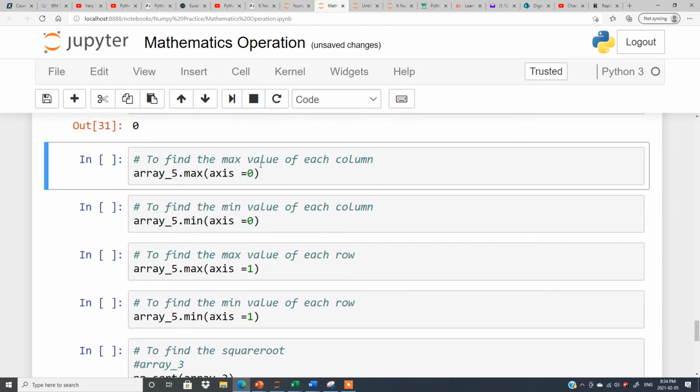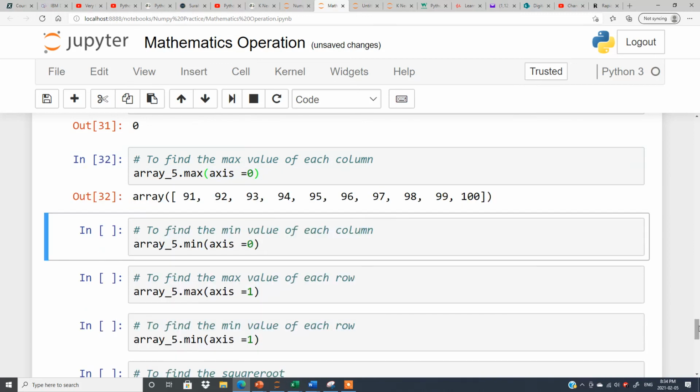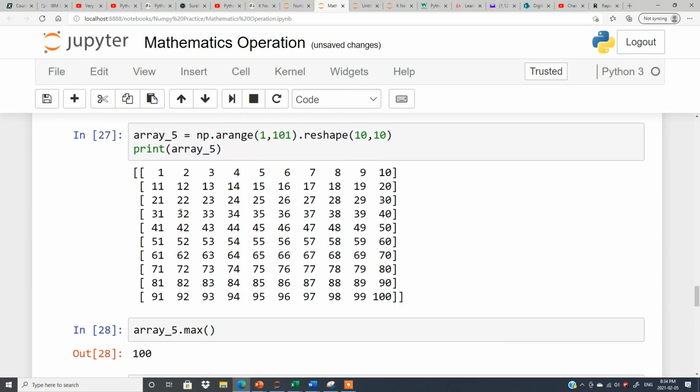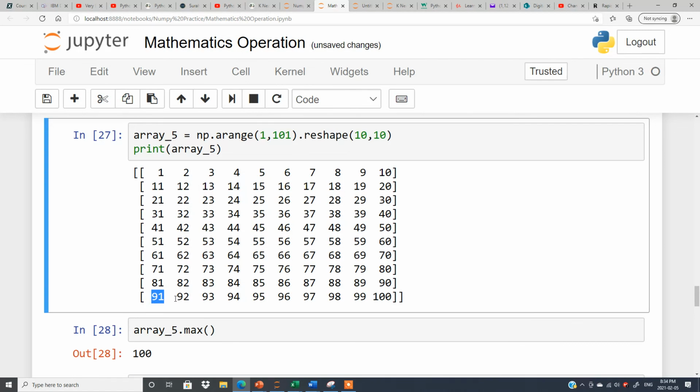Then to find the maximum value of each column, right? If you want to find the maximum value of the whole matrix, then you do not have to specify axis equal to 0. But if you want it for each column, then axis equal to 0, and execute it. I will show you that this is the first column, and this is the maximum or the highest value. This is the second column, this is the highest value, and so on.